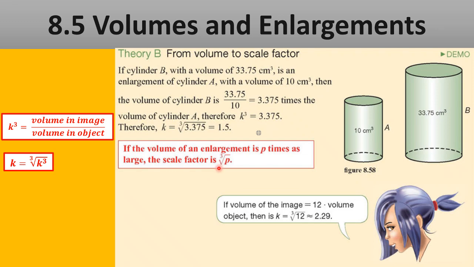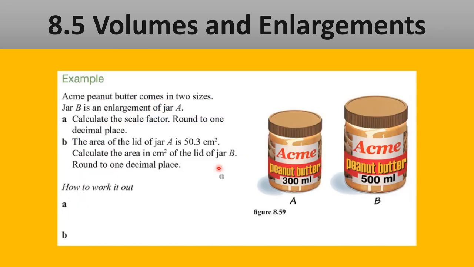Okay, let's practice one. We have two jars of peanut butter. Jar B is an enlargement of A, so A is the object, B is the image. Calculate the scale factor. We don't know dimensions or area, but we do know volume, right? Volume can also be given in milliliters.